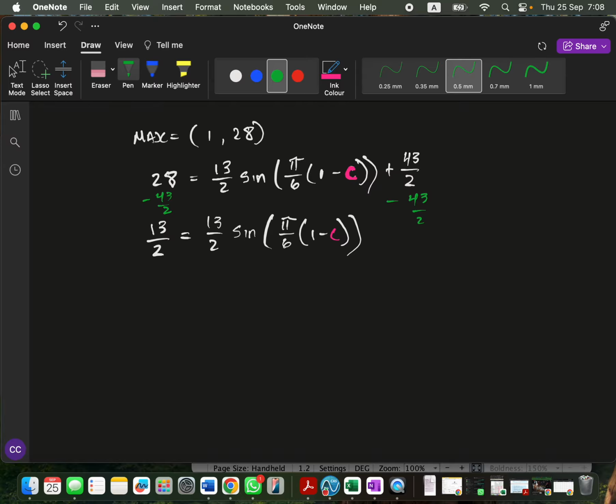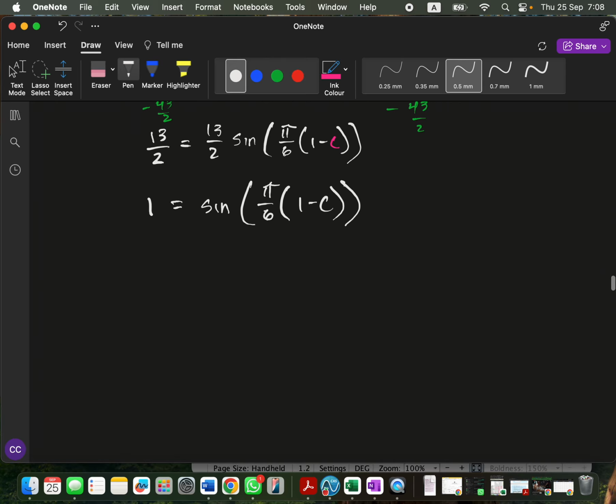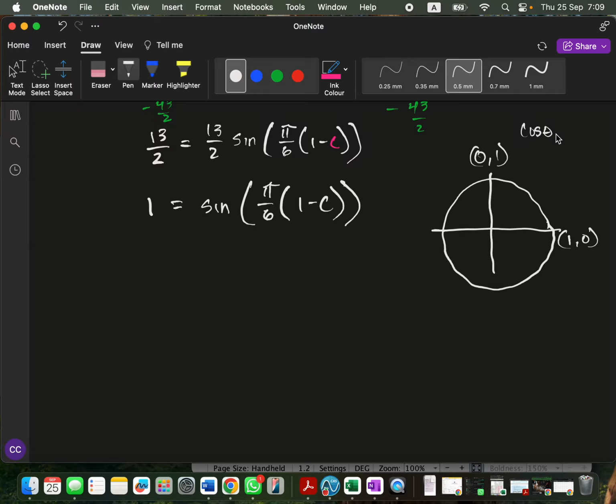Notice it's the same number, so I'm going to get 1 is the same as the sine of pi over 6 times 1 minus c, and that's going to be my value. Now, I'm going to do just a little bit of maybe a sneaky trick. If we think about the unit circle, and this is 1, 0, this is 0, 1, and again, unit circle is cosine theta, sine theta.